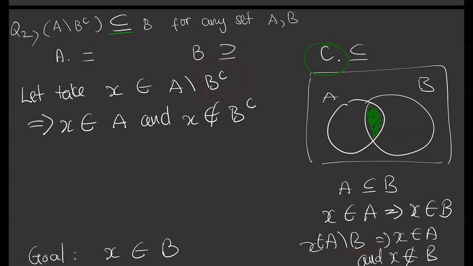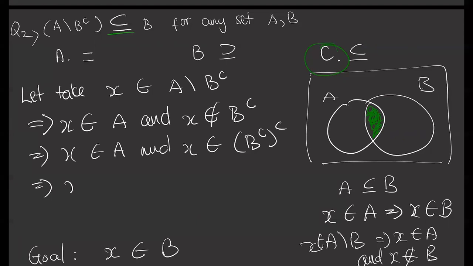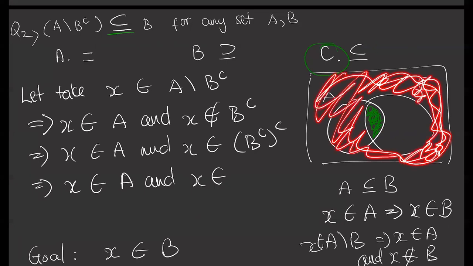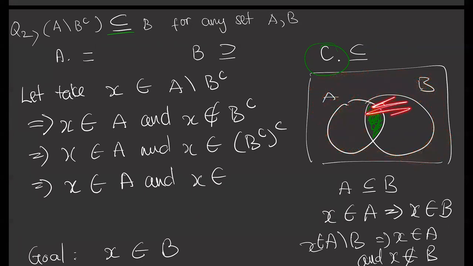So we say X is not in B complement, which means X is in A and X is in the complement of B complement. So this one is B complement, and the complement of it is the set of elements that are not in the red part, which means the element is in here. This one is B, right? So the complement of B complement is actually the set B itself.